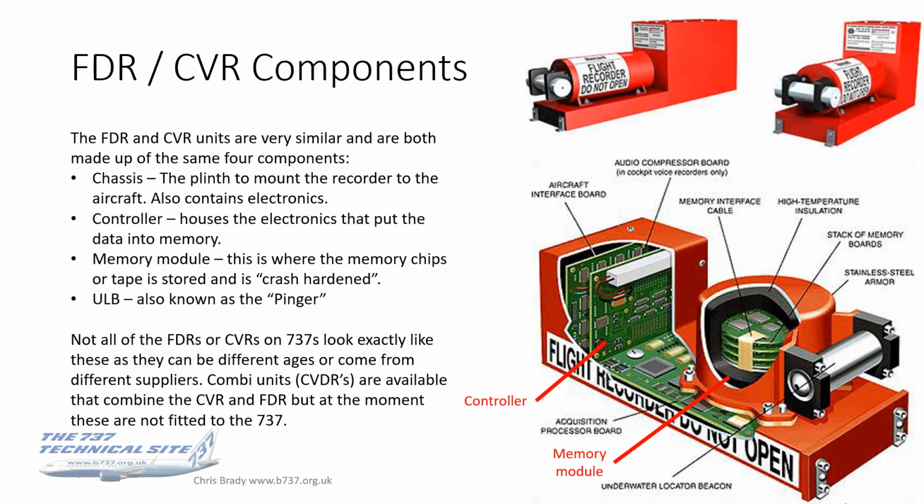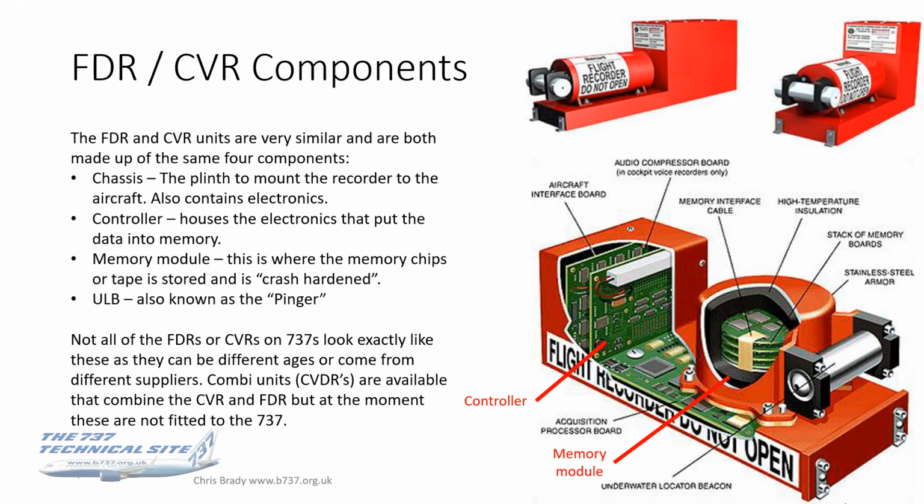It depends on when they were purchased and which manufacturer they came from, because they don't all come from the same manufacturer. So they may look, as in the upper images, like cylinders mounted horizontally, or they may look like the bottom image where it's a cylinder stacked vertically. But they're all the same, and they're all made up of basically four components.